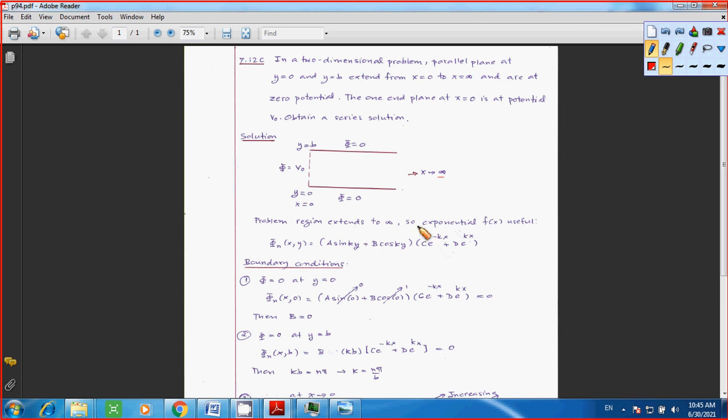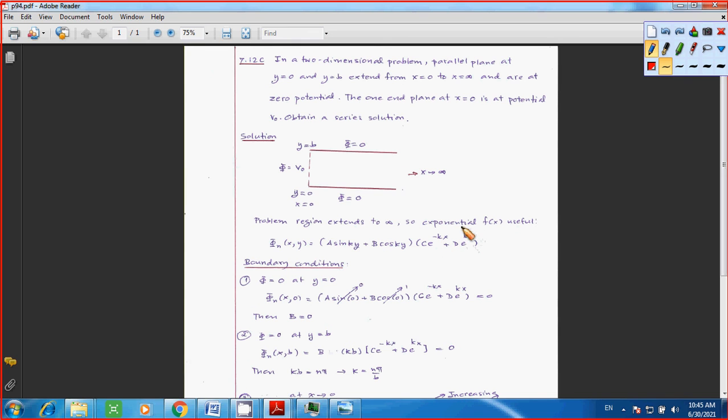What I want to note is that for an infinite plane, you apply exponential functions. That's going to be much more convenient for you to solve the problem. Why? Because x goes to infinity, and for the exponential term, some terms are going to drop, right?